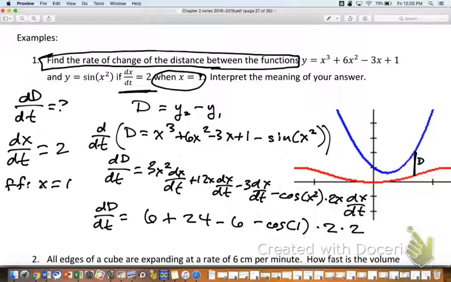Everybody got it? 24 minus 4 cosine of 1? Please do it in radians. 24 minus 4 times cosine of 1.